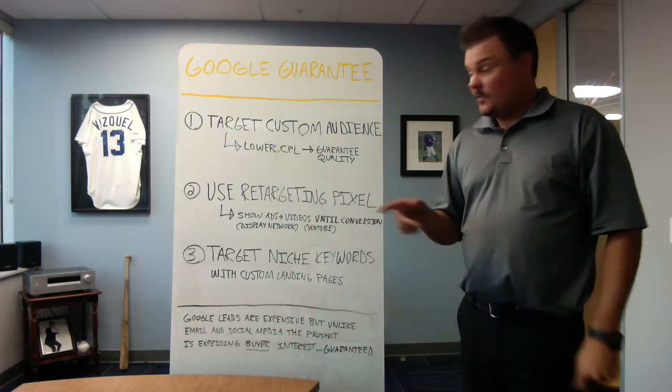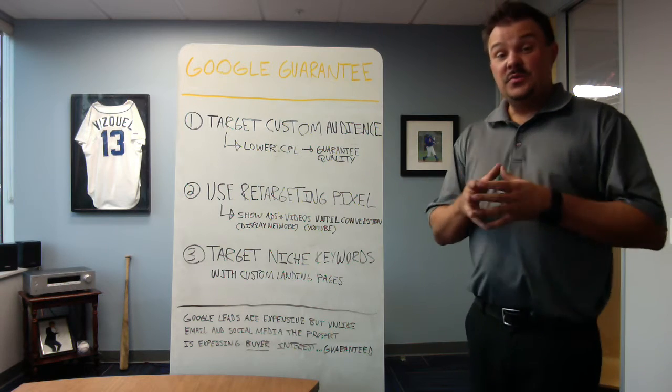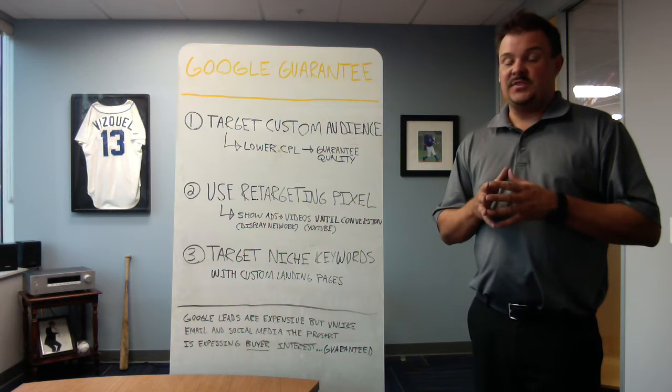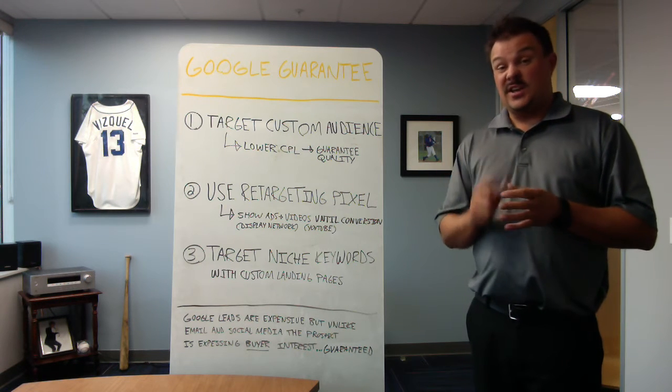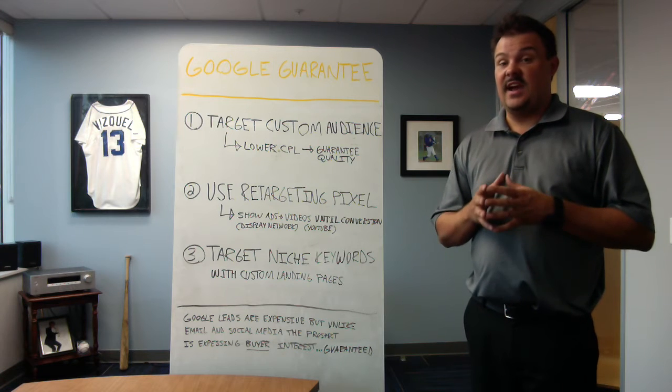All right, number two, use the Google Retargeting Pixel. This is a little snippet of code that Google gives you that you put on your website and your landing pages and any other subdomains that you have.